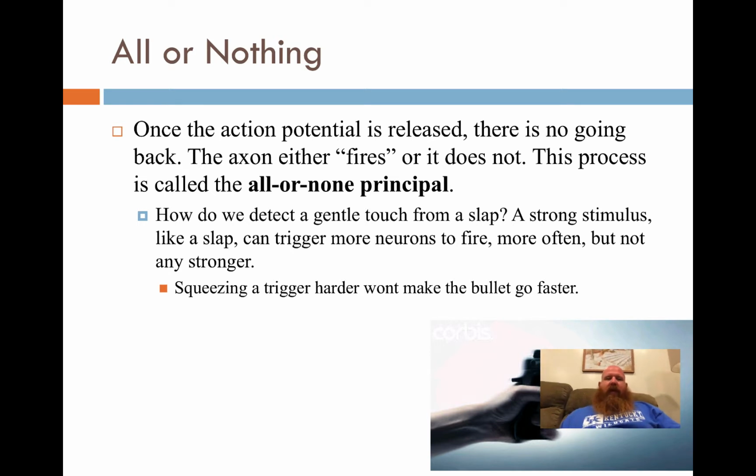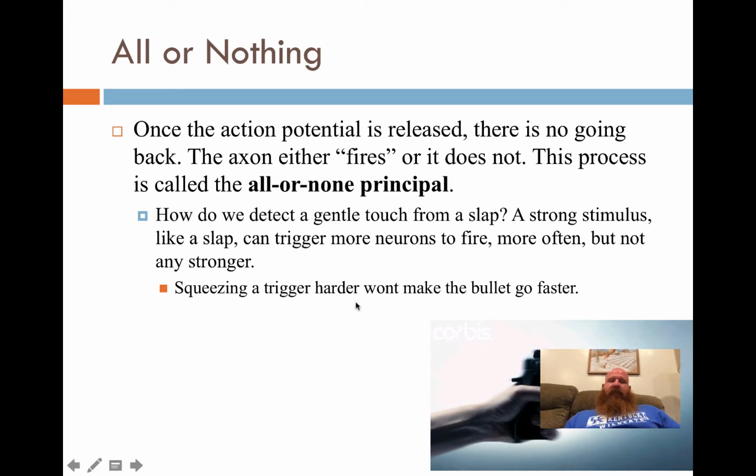And so the question becomes, if I walk by and tap you on the shoulder, versus I walk by and punch you in the throat or in the face, how do we distinguish? If a pain cell is a pain cell, how do we distinguish between a lot of pain and a little bit of pain? Well, the reason is that it's the number of neurons that fire. All the pain neurons will fire, but the bigger the pain, the more neurons are going to fire.